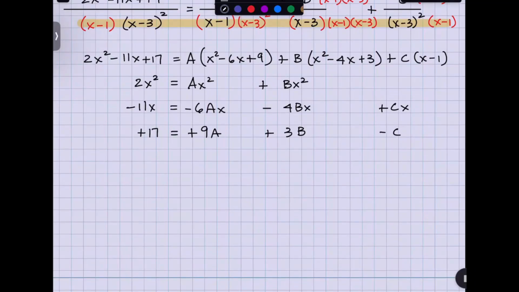So here I can see, oh, I have 2 is equal to A plus B. I have negative 11 is equal to negative 6A minus 4B plus C. And I have 17 is equal to 9A plus 3B minus C.